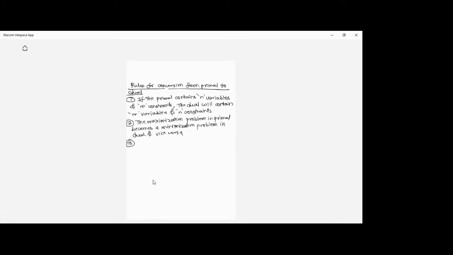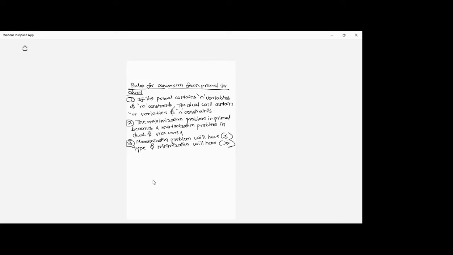Every time, whether it is a dual or a primal, a maximization problem will have less than or equal to type inequality, and minimization will have greater than or equal to type of inequality.